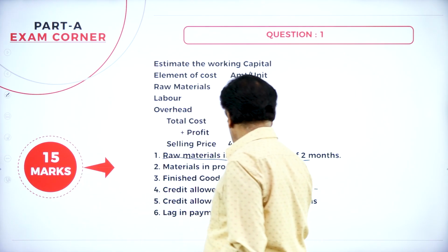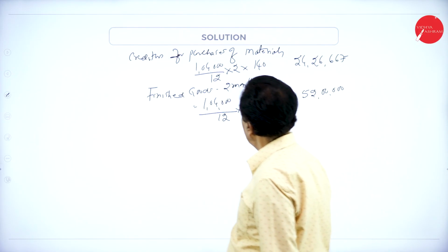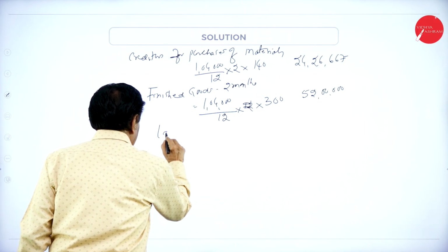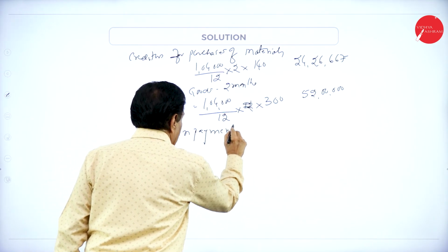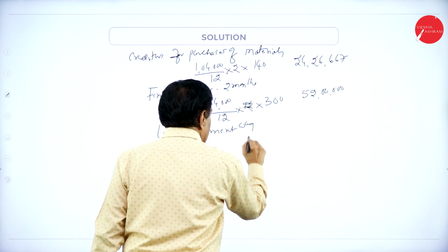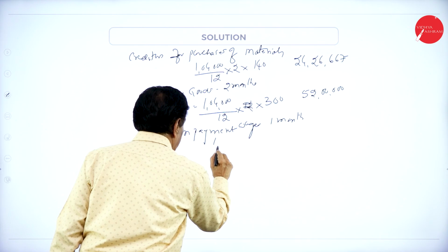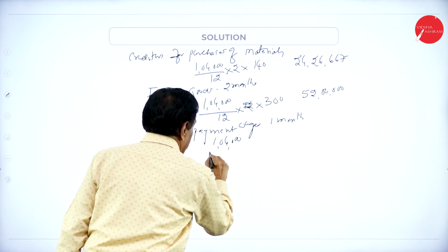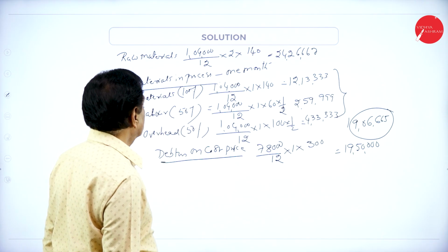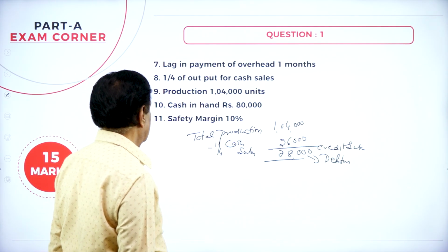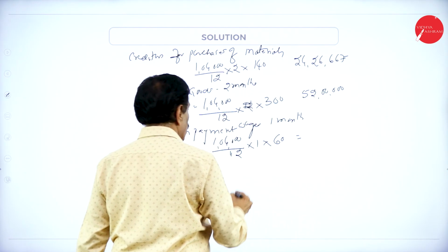Then lag in payment of wages 1 month outstanding. We can do it there. So 1,04,000 divided by 12 into 1 into labor cost 60 outstanding.